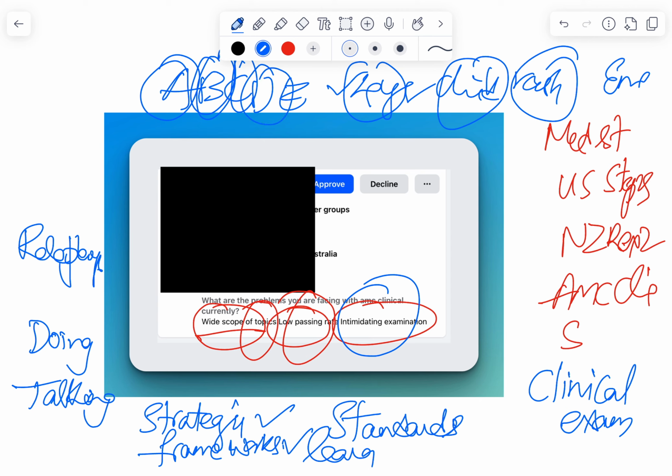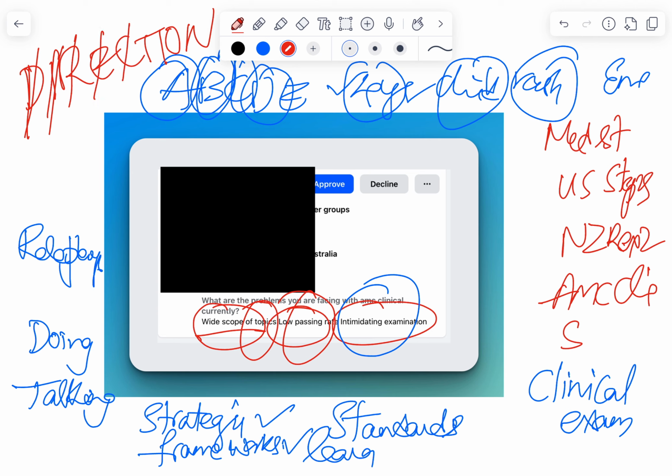Then D stands for a mnemonic called, let me get this, direction, which is something I teach in my courses. It's drugs, infections: what drugs will cause the rash, what infections will cause the rash, what rheumatological causes, what endocrine causes, what chest causes, what traumatic causes.